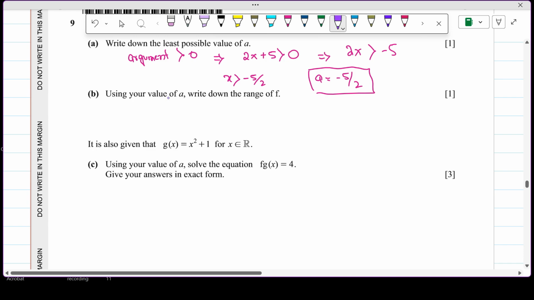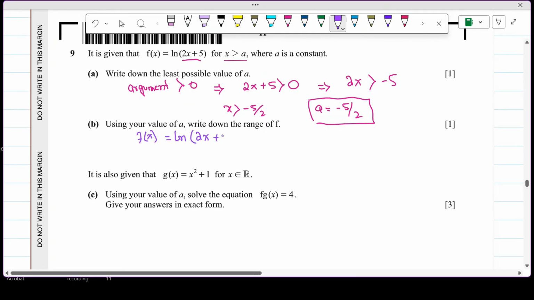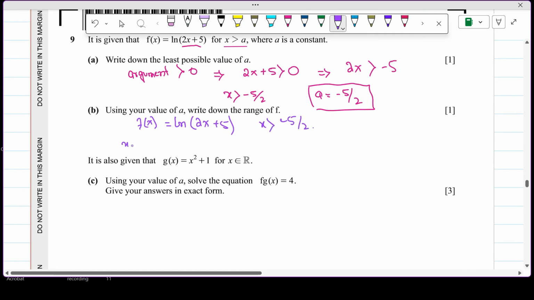Part B, using your value of a, write down the range of f. As we know, we have the function f of x equals ln of 2x plus 5, and we have the domain x greater than negative 5 over 2. When x approaches negative 5 over 2, f of x approaches negative infinity.